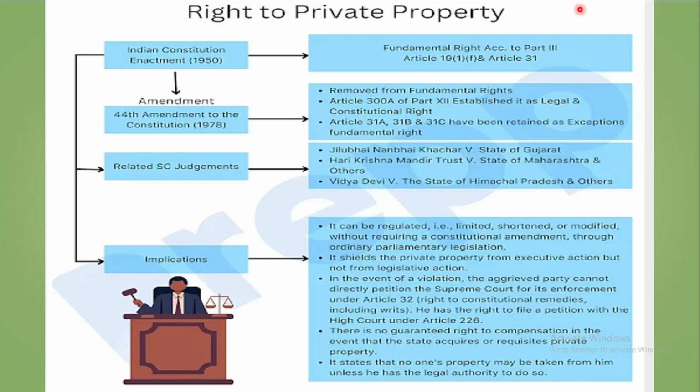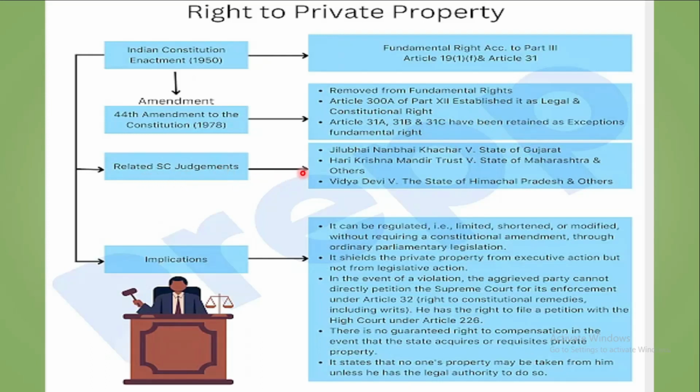In a gist, let's see. First of all, in the original Constitution of 1950, fundamental rights were in Part 3, Article 19(1)(f) and Article 31. Later came the 44th Amendment Act of 1978, which removed it from the list of fundamental rights. Article 300A was established in Part 12, and it was made both a legal and a constitutional right. Articles 31A, 31B, 31C have been retained; they are still in the Constitution.